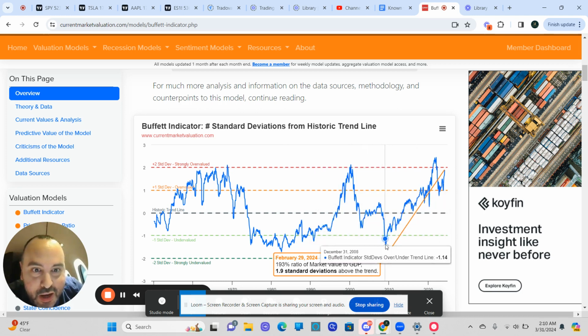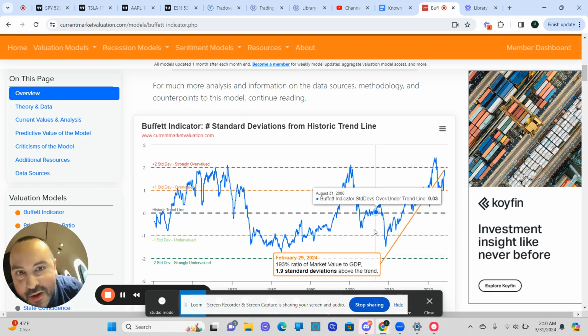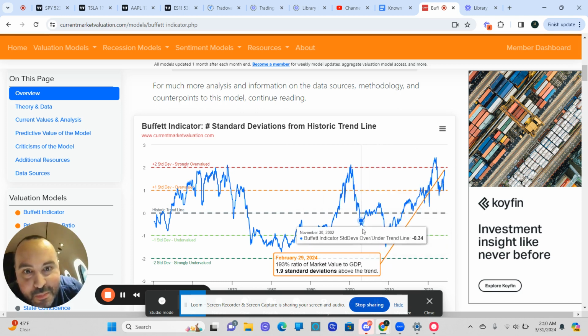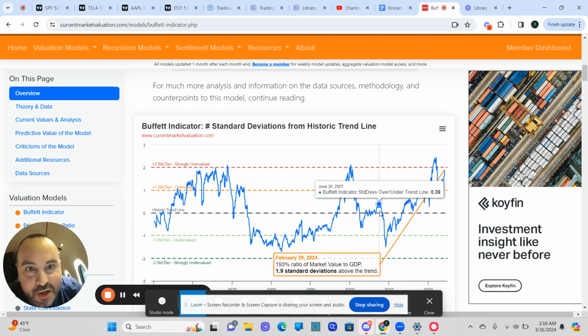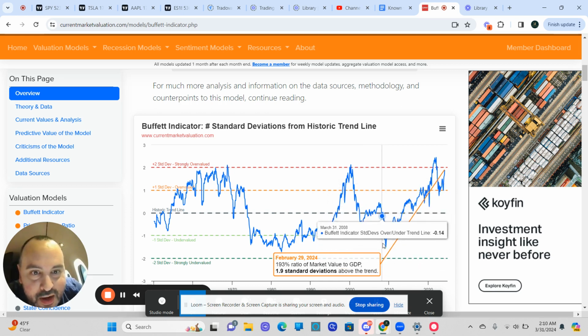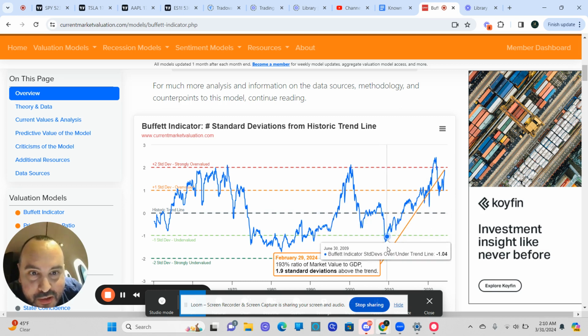We didn't even bottom until, well, you had the financial crisis. It sort of bottomed here around 2003, and then the financial crisis kicked off right at the beginning of 2008. And then we bottomed here in the market around 2009.